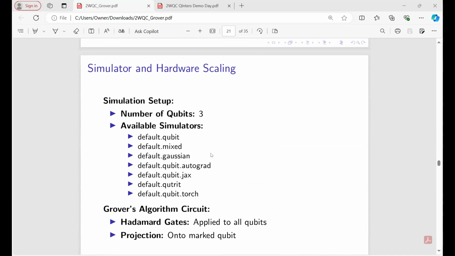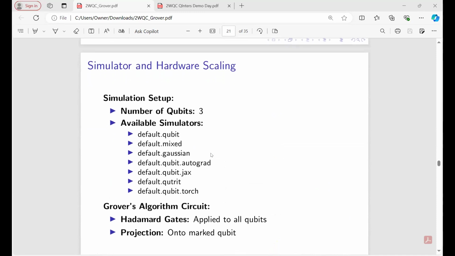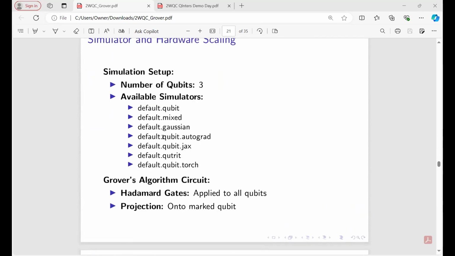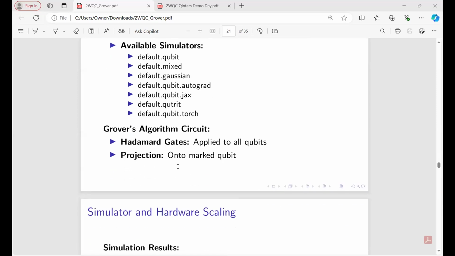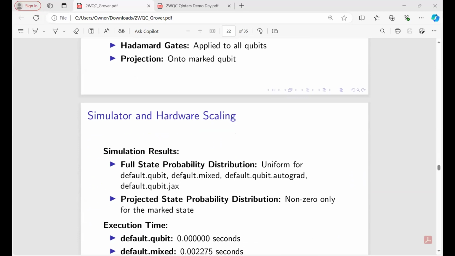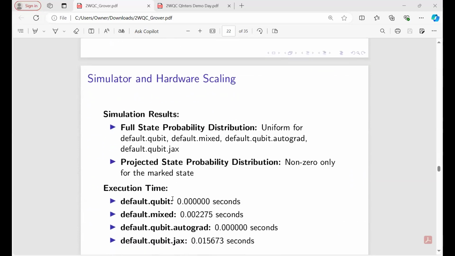And then here's just how we simulated and hardware scaled our algorithm. This is just an explanation of what we used to set up the algorithm. For our results, we tested between default qubit, default mixed, qubit autograd, and qubit jax, and the default qubit was 0 seconds.